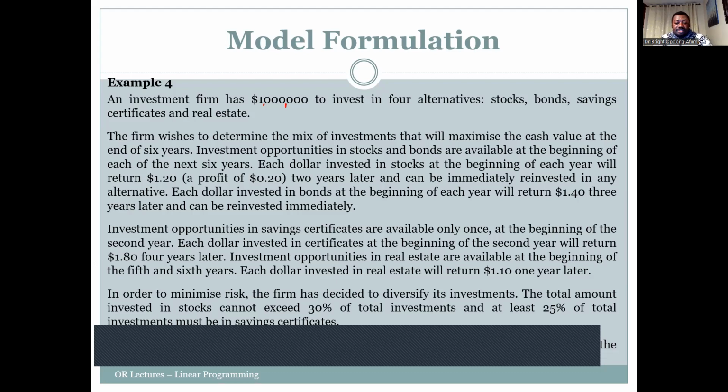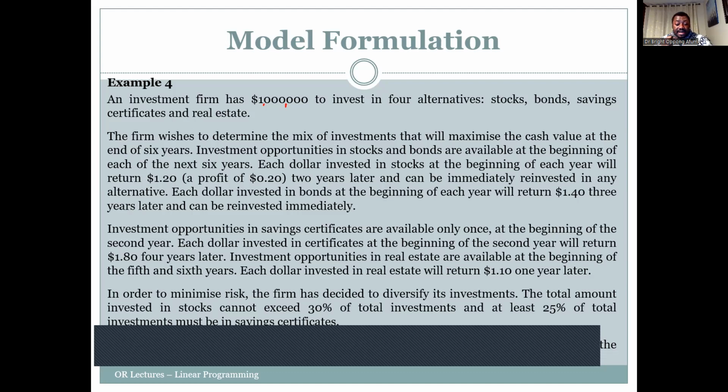Investment opportunities in savings certificates are available only once at the beginning of the 2nd year. Each dollar invested in certificates at the beginning of the 2nd year will be returned $1.8 4 years later. Investment opportunities in real estate are available at the beginning of the 5th and 6th years. Each dollar invested in real estate will return $1.10 1 year later.